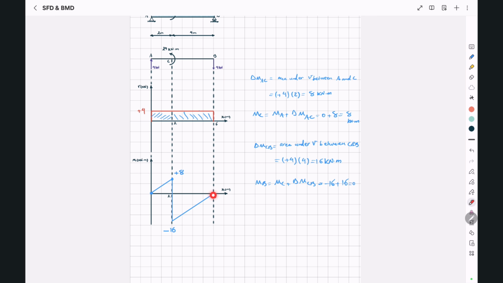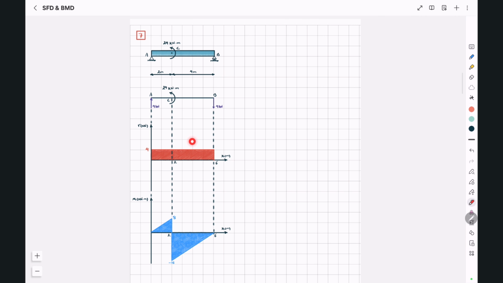And the slope of our moment diagram is equal to 16 divided by 4, or positive 4. You can see that these 2 lines have the same slope because the intensity of our shear diagram was the same.